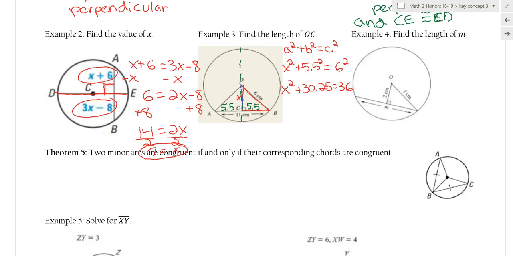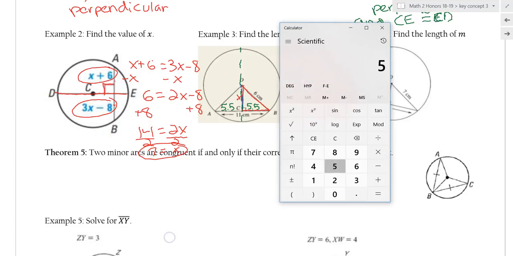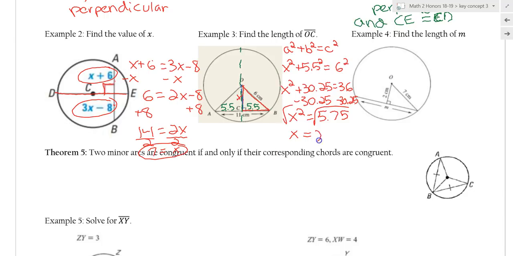Equals 36. I'm going to subtract 30.25. X squared equals 5.75. Take the square root. The square root of 5.75 is, we'll round to 4. That's fine.